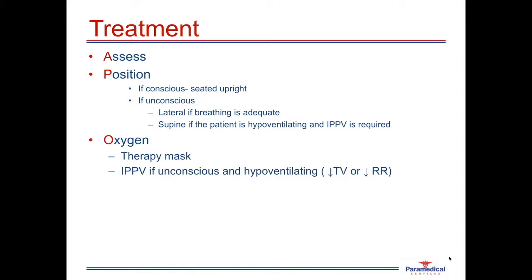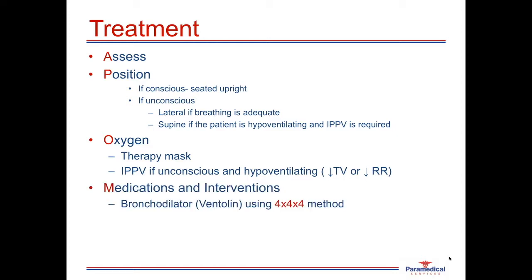With regards to oxygen therapy, if the patient is breathing adequately, we can use an oxygen therapy mask. If the patient is hypoventilating and they have a decreased tidal volume or a decreased respiratory rate, we will then have to assist their ventilations using IPPV with the bag valve mask.